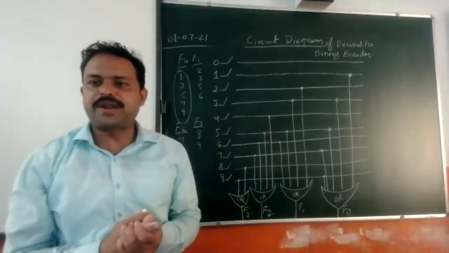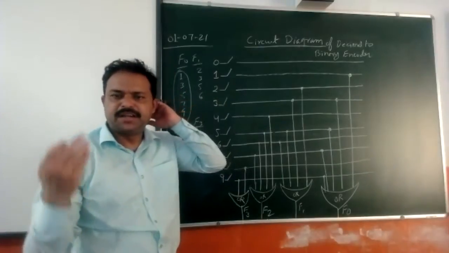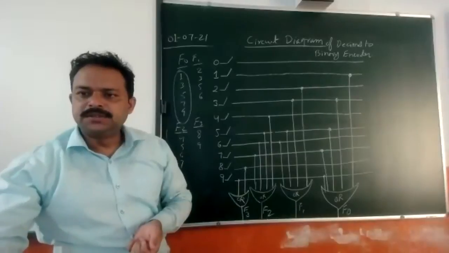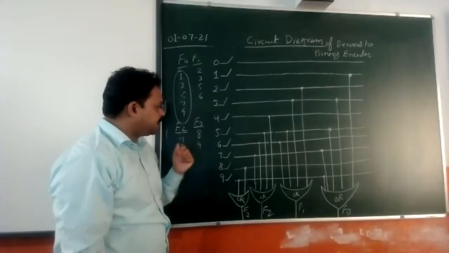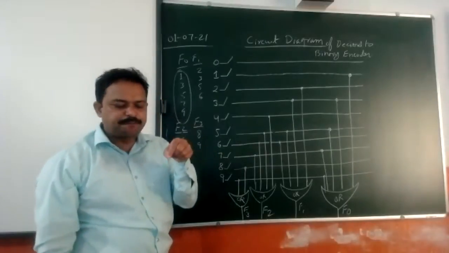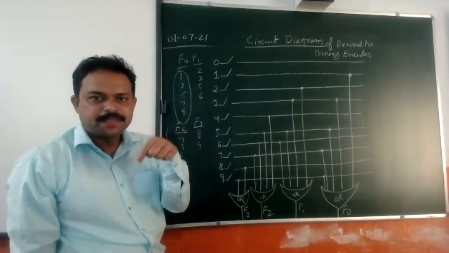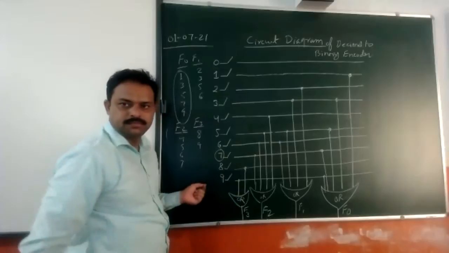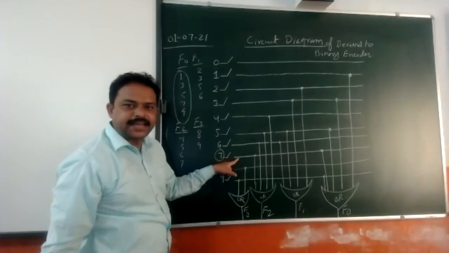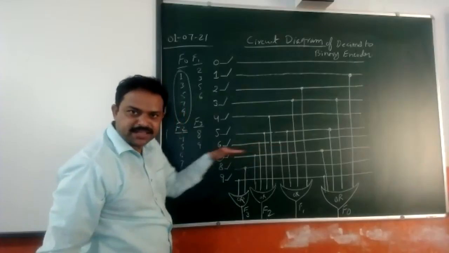Let us understand its working process. This is very important. Very simple concept. Suppose you have pressed 7, just please pay attention here. If you pressed 7, this line will get connected. Here the signal will pass.